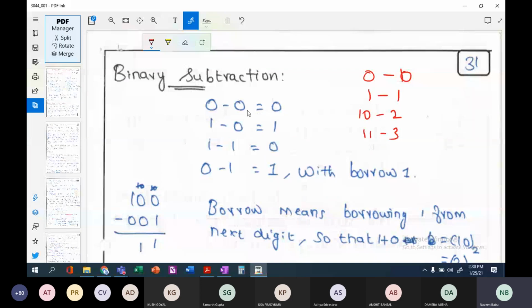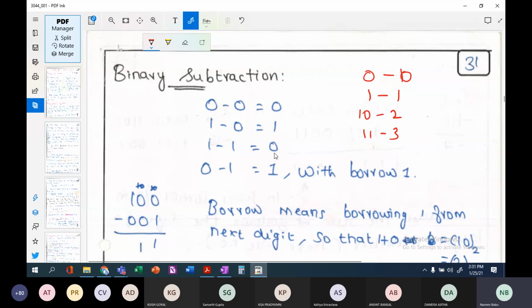So 0 minus 1 is 0, 1 minus 0 is 1, 1 minus 1 is 0, right? Now 0 minus 1 is actually minus 1. While performing the subtraction, the resultant is 1, but with a borrow of 1. So the negative value is represented as a borrow of 1.